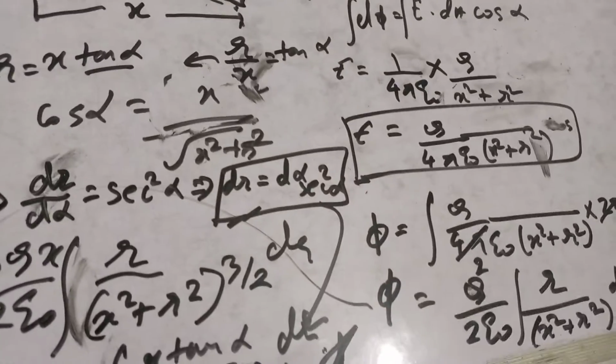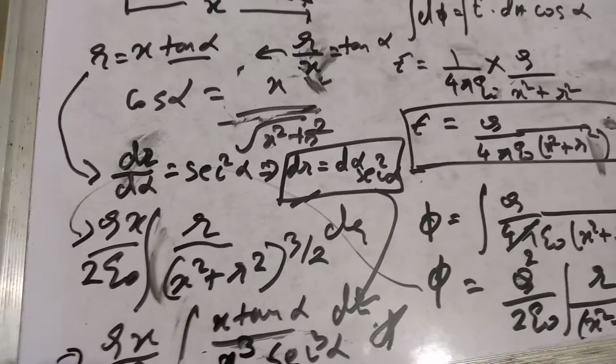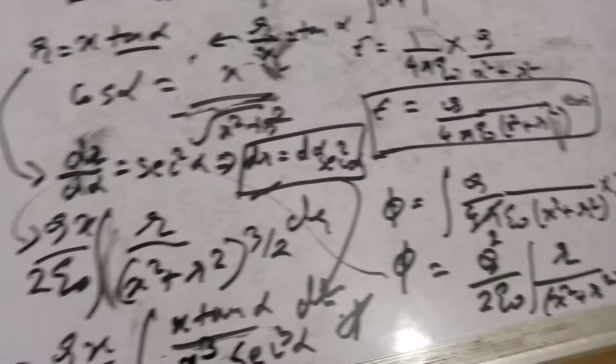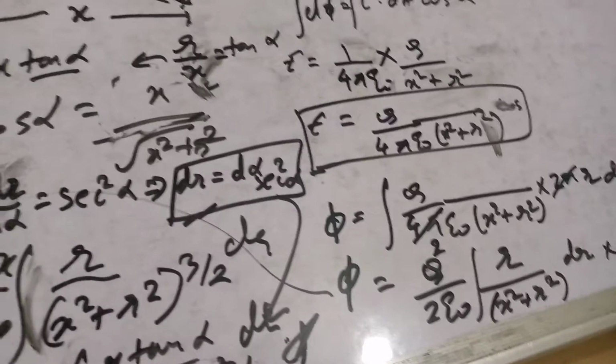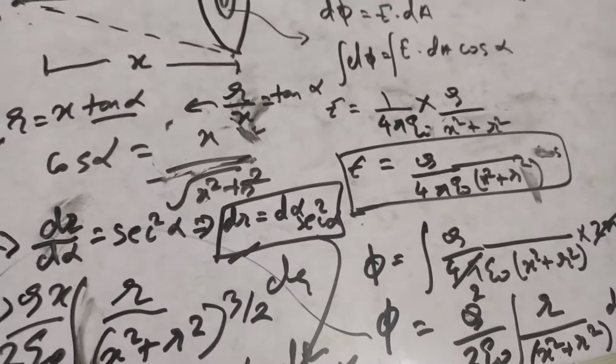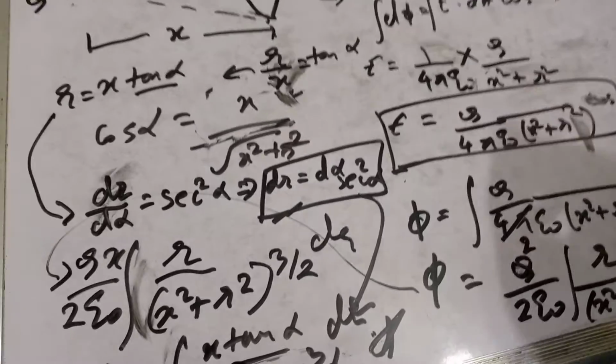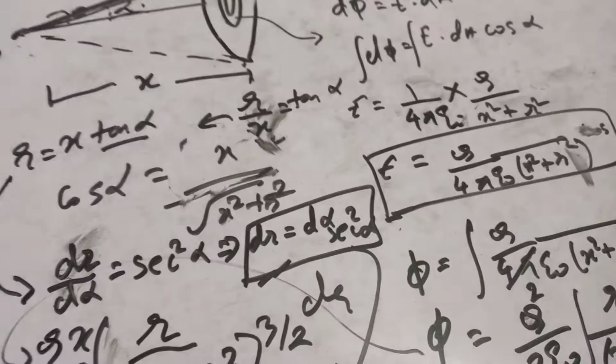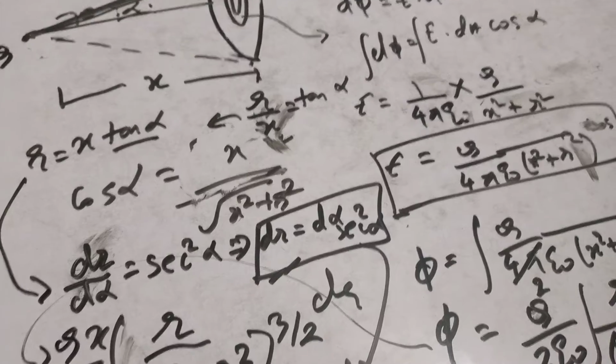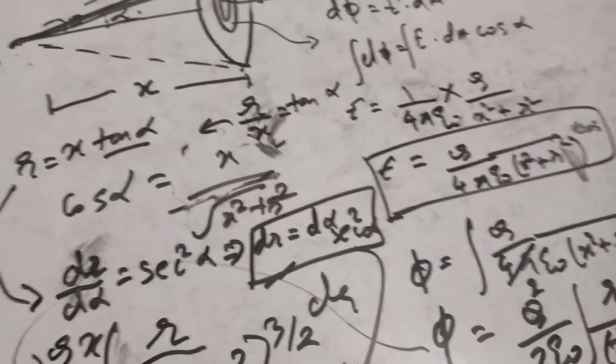So I think I have been making a mistake. Okay, so cos alpha will be x, and I think there is some problem in this. I think I have missed some x here and there.